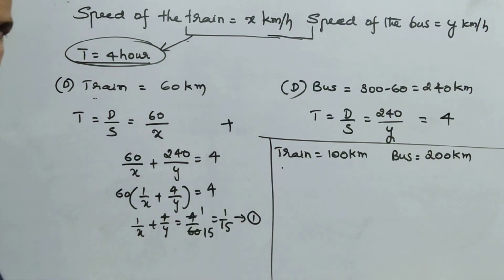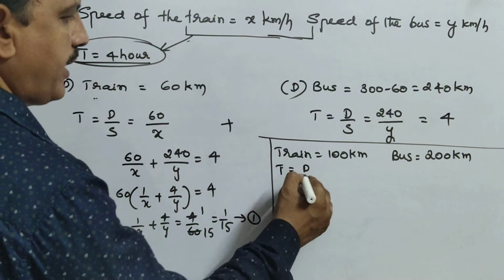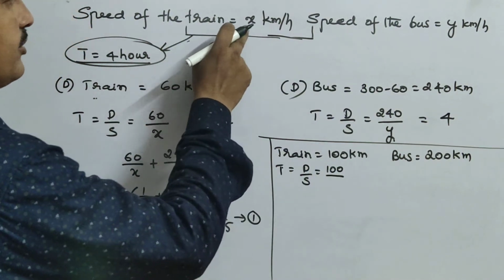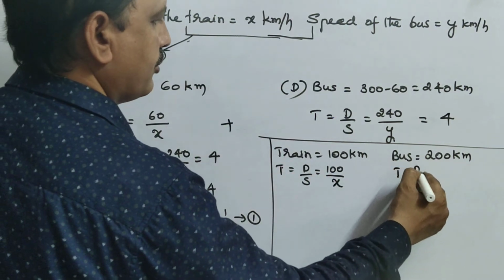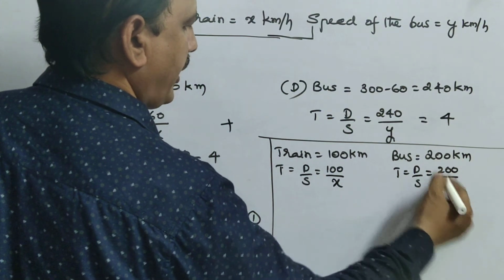Now, do you know time? Time is equal to distance by speed. That means 100 by speed of the train, how much? X, and time is equal to distance by speed, that is 200 by y.